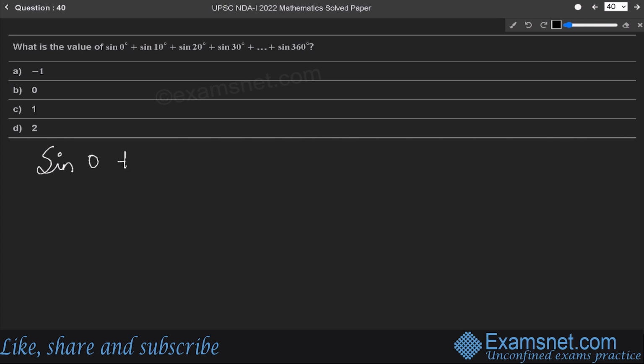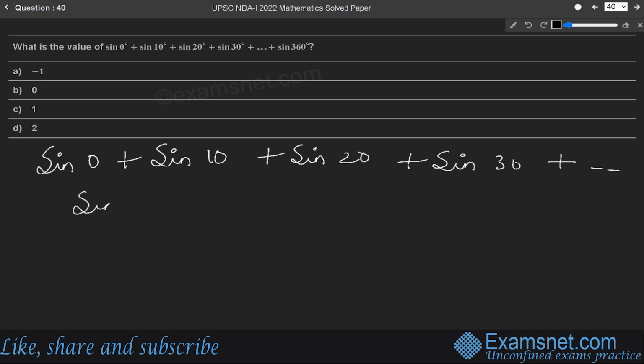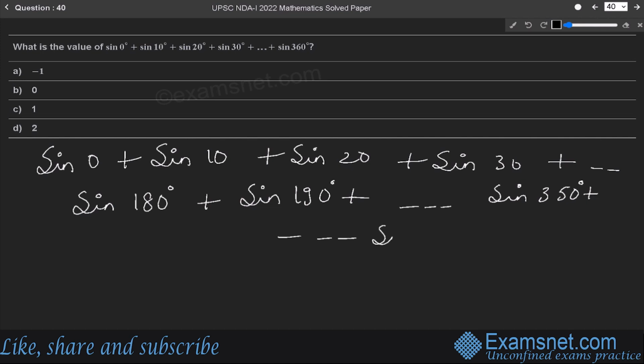Sin 0 + sin 10 + sin 20 + sin 30 plus, somewhere there will be sin 180 between this, and somewhere there will be sin 190, and somewhere there will be sin 350, and at last there will be sin 360.